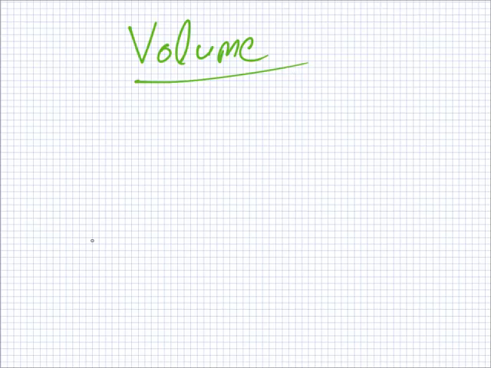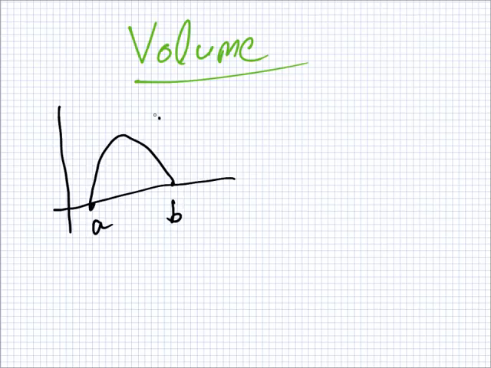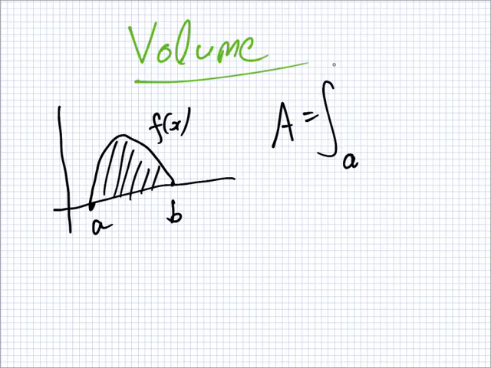Okay. In semester 1, you learned how to calculate area. For example, if you have something like this, A, B, f(x), and you want this area, the area is the integration from a to b, f(x) dx.